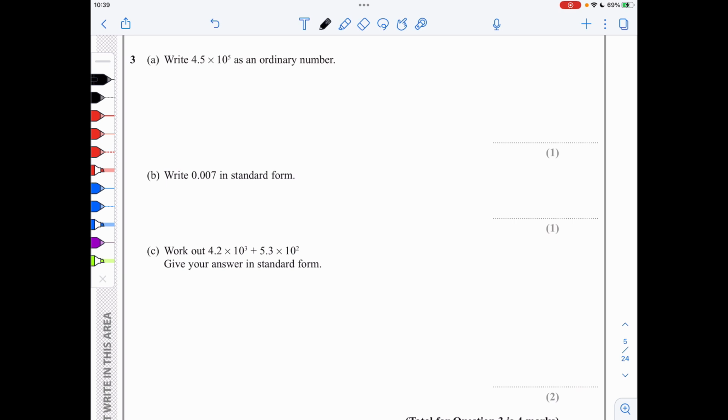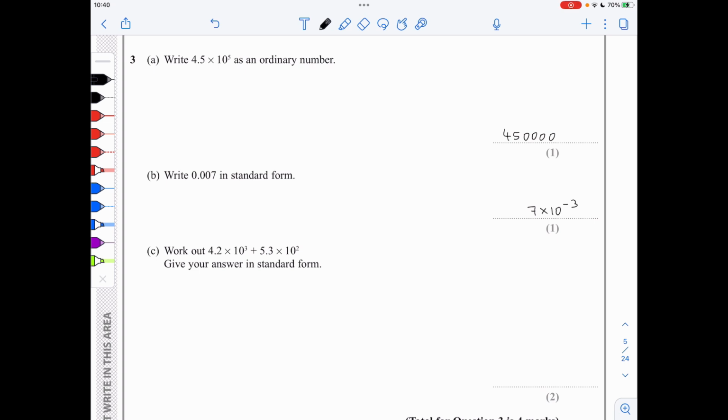In 3, we need to write 4.5 times 10 to the 5 as an ordinary number. So it's 45 and 4 zeros. The 1 was consumed in moving the decimal point 1 place to the right, and the other 4 became 0, so that was the power of 5. Now 0.007, to be written in standard form, is 7 times 10 to the minus 3.